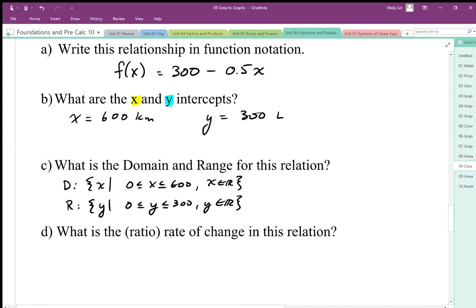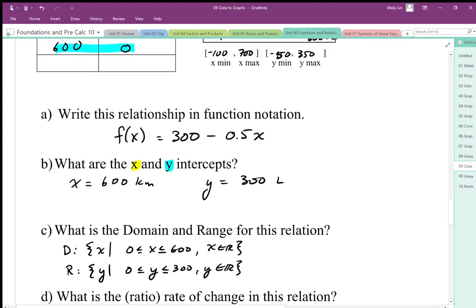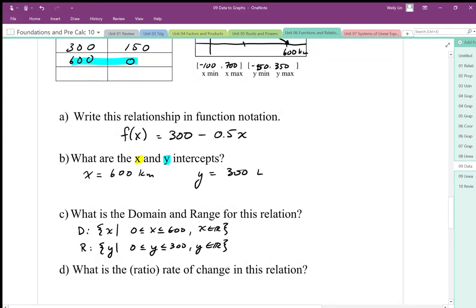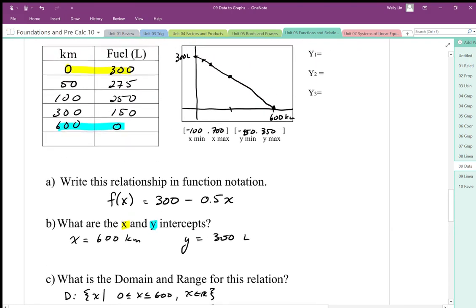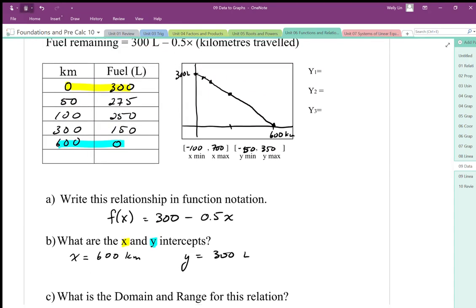The ratio of change, which is really important, some of you may know where to find the ratio of change in the equation, but we can really just find it in the table. Okay, so I go plus 50. This is minus 25.